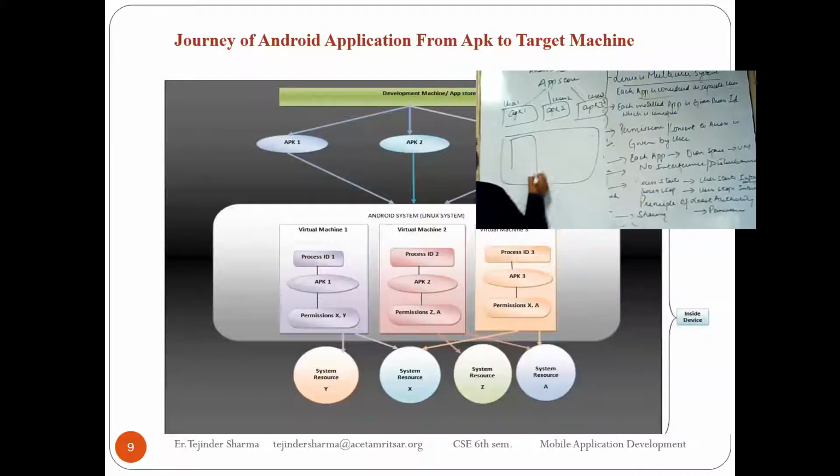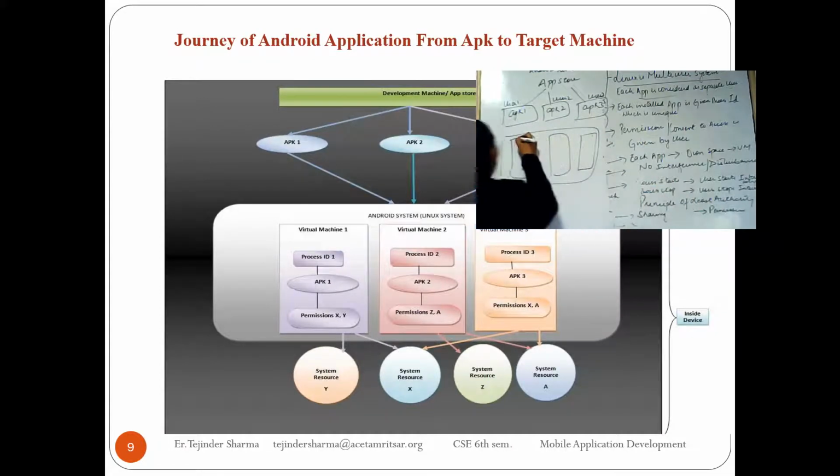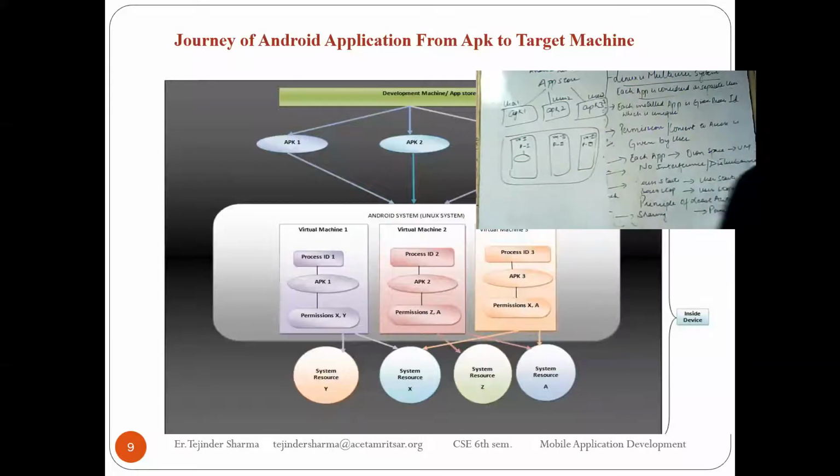Here are your 3 virtual machines: VM1, VM2, VM3. Then process ID 1, process ID 2, process ID 3. It is written on your screen. Then you have your APK1, APK2, and APK3.